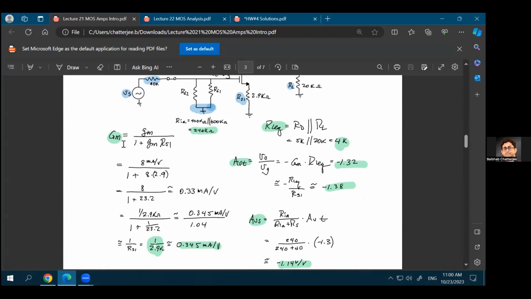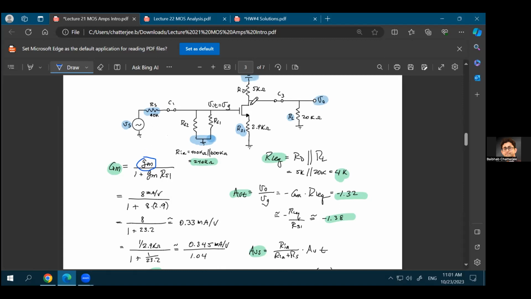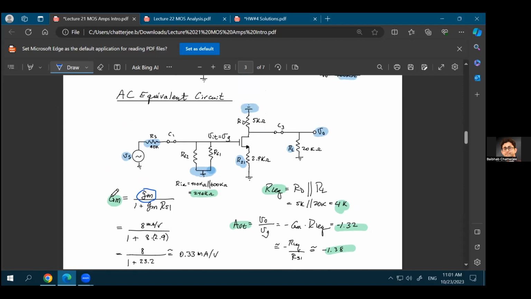We found out what should be the effective GM. The capital GM is basically the effective GM of the entire circuit, whereas the lowercase gm is the transconductance of the NMOS device. So in this case, the capital GM tells you what is the current that you expect in this branch as you are changing the input voltage over here.